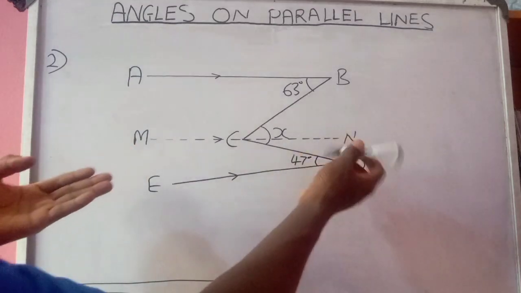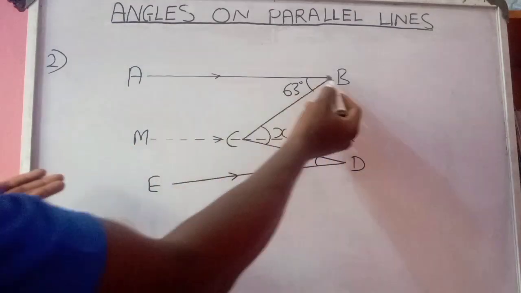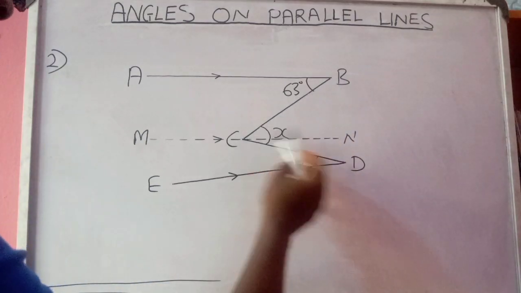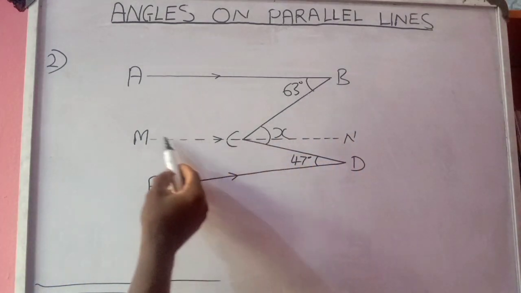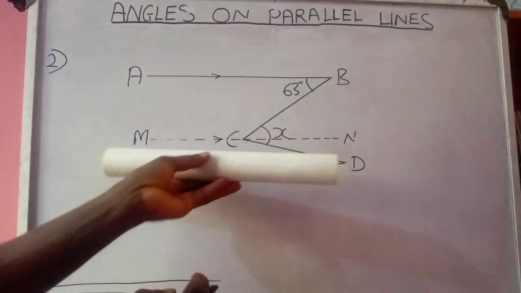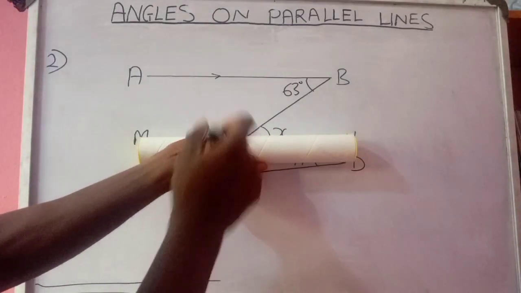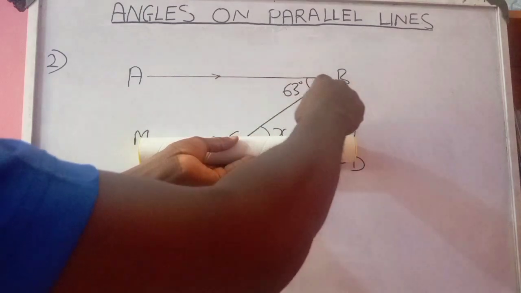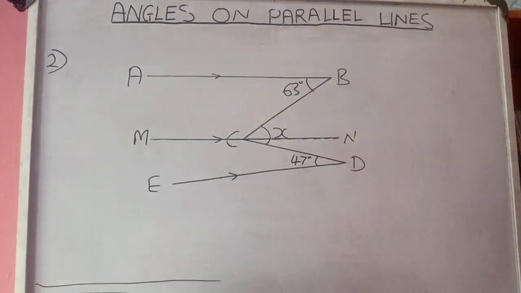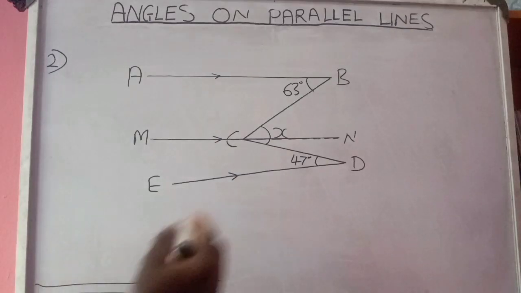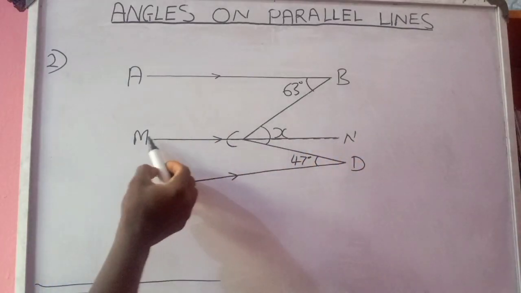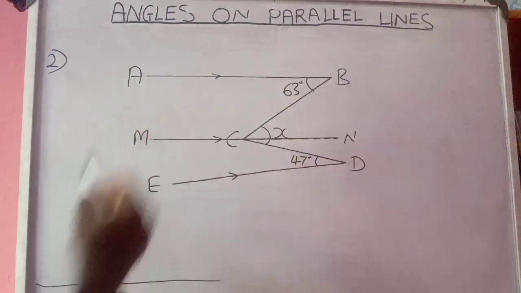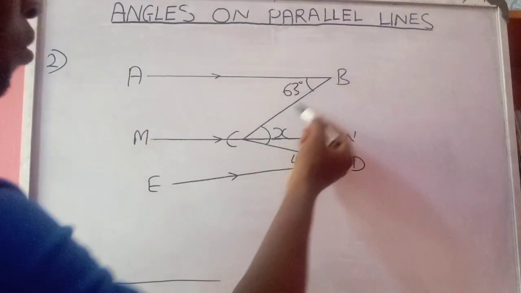So let's compare between this line and this other one. They now have a common transversal line. Let me make it a bold line so that it will be easier for you to see clearly. Comparing this line MN and the line AB, both of them are parallel to each other, having this common transversal line.